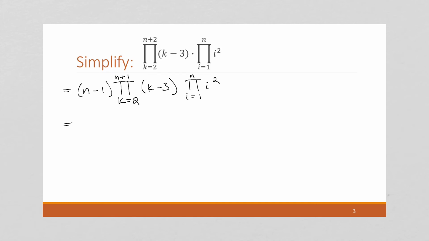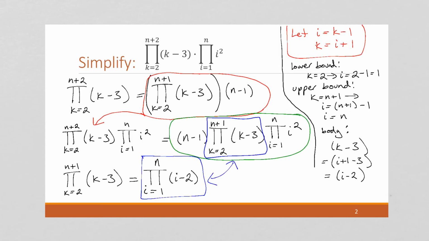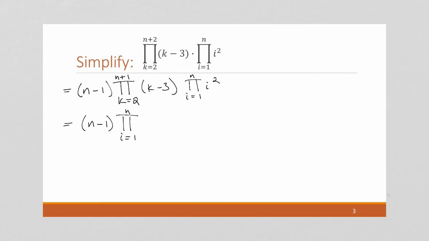And now I'm going to make that substitution, and this is going to be n minus 1 times the product i equals 1 to n of i minus 2, times the product i equals 1 to n of i squared. And now, so this is by substitution.